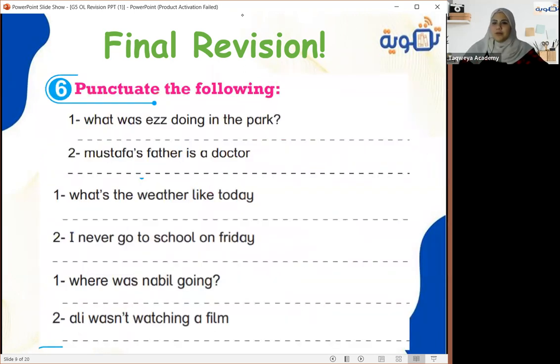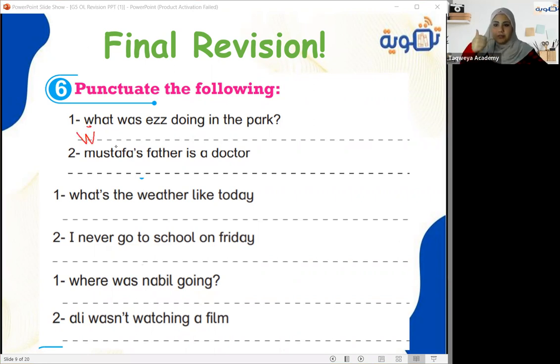Later on, the most important part here, that is the punctuation question. When you think of punctuation, you have to remember comma, full stop, capital letters, exclamation mark, and definitely question mark. Number 1, we never start a sentence or a question in a small letter.